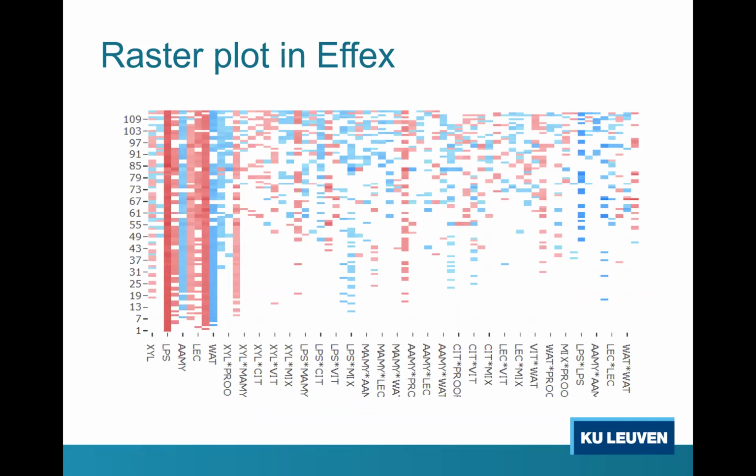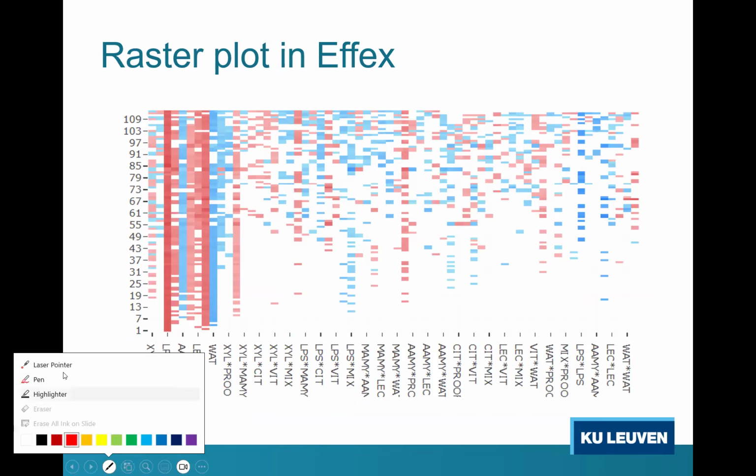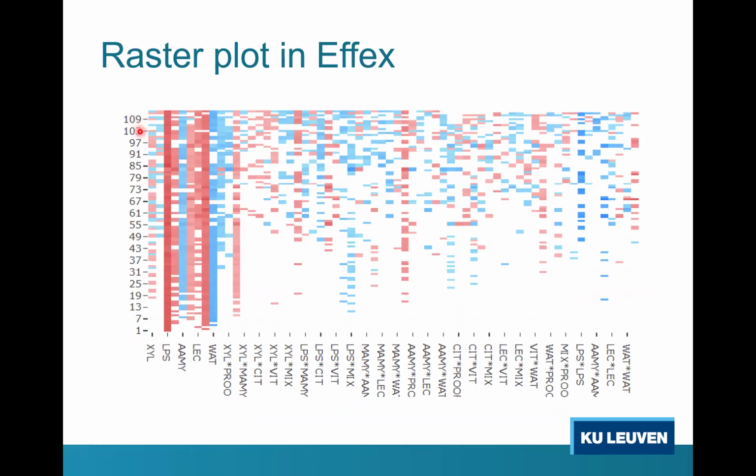In that raster plot, you see a horizontal axis and a vertical axis. The vertical axis has the numbers of all the good models identified by that mixed integer optimization approach. On the horizontal axis, you have all the effects that might be important in your model. It starts with main effects, then you have interaction effects, and finally quadratic effects.